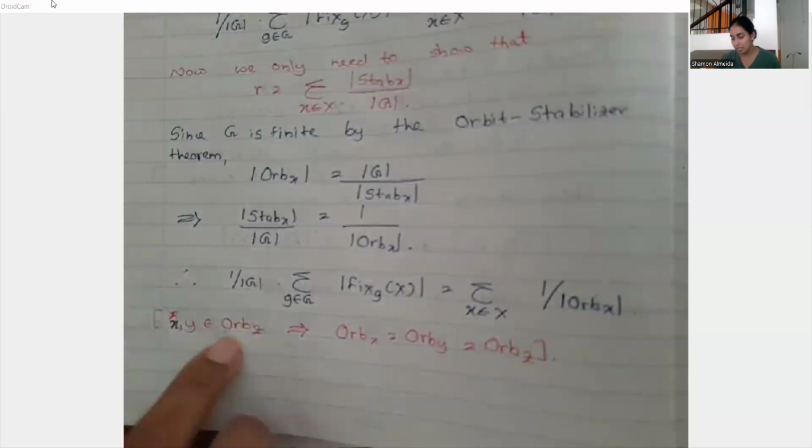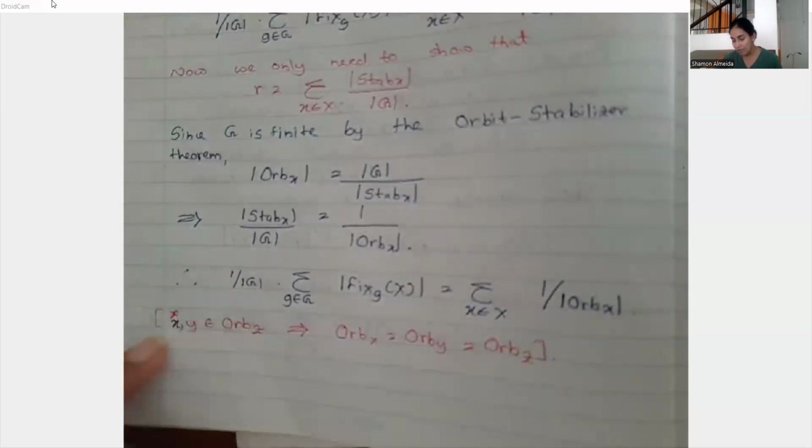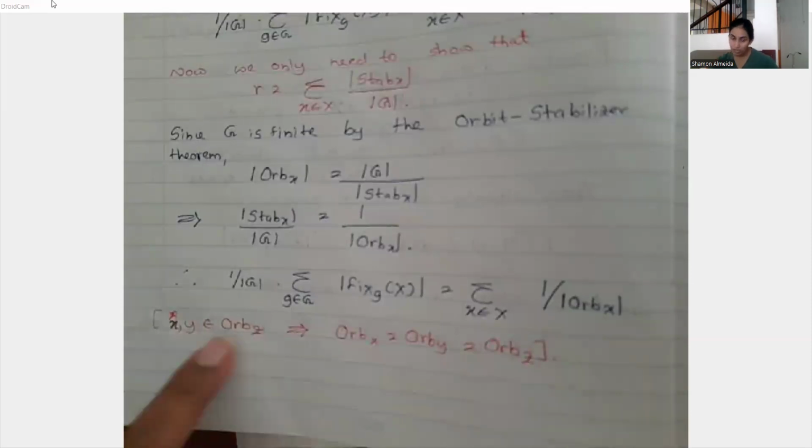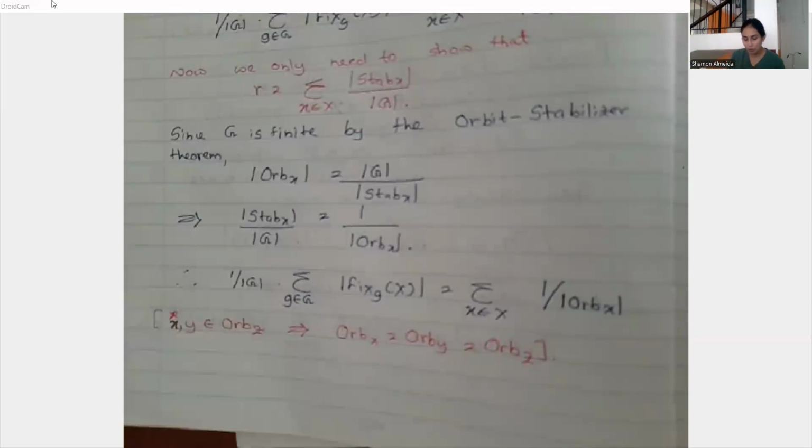For example, you consider the orbit of Z. And inside this orbit, you have the elements X and Y, right? So take this X, you find its orbit, you get once again the same orbit Z. Take this Y, you find its corresponding orbit, which is orbit of Y. You get the same orbit which you started off with, orbit of Z. So inside one orbit, when you run over the elements in it, you get the same orbit.